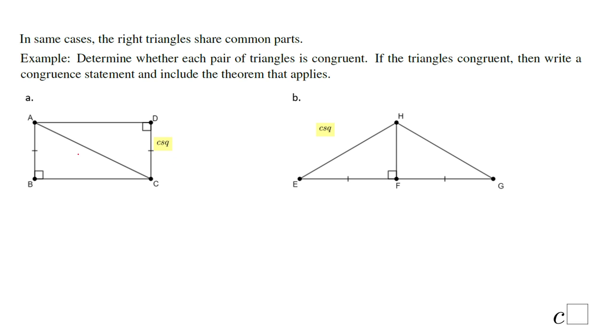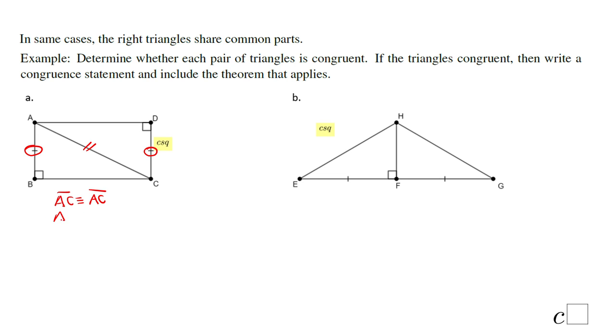So we're looking here, we have AB, which is a leg in the triangle ABC, and DC, which is a leg in the triangle ADC, are congruent, and also the common part is this guy, the hypotenuse. So this one is going to be a hypotenuse-leg congruence theorem. So I'm going to write here AC, it's congruent to itself. If you remember, that is called the reflexive property.